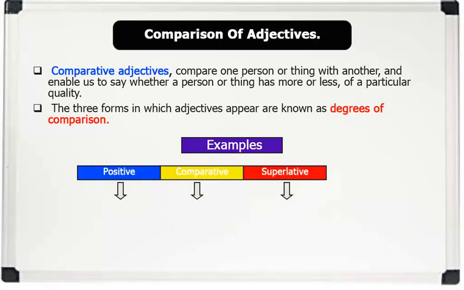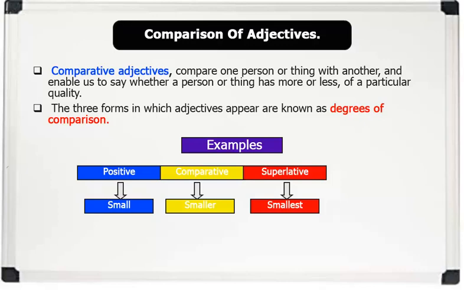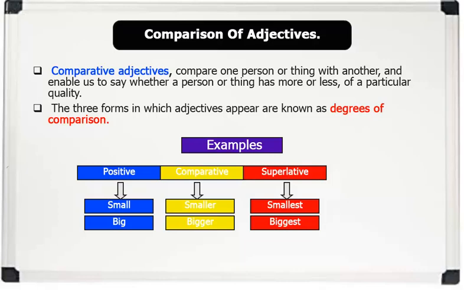Examples. 1. Positive, small. Comparative, smaller. Superlative, smallest. 2. Positive, big. Comparative, bigger. Superlative, biggest. Let's go over to degrees of adjectives.